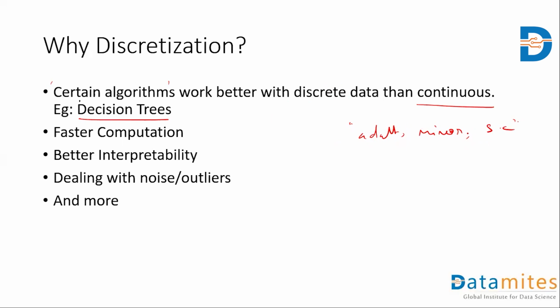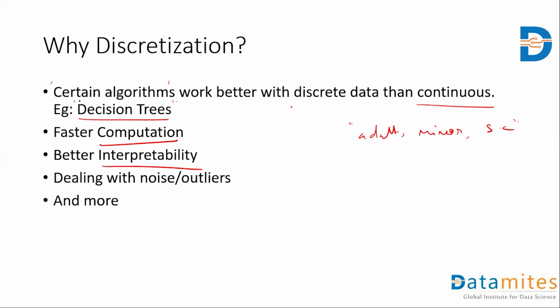It only needs to make splits based on these categories or discrete categories over here, right? So that is one reason. There are certain algorithms, especially certain algorithms like decision trees, which work better with discrete data than it does with continuous data, right? So that results in faster computation as well, right? And also better interpretability, right?